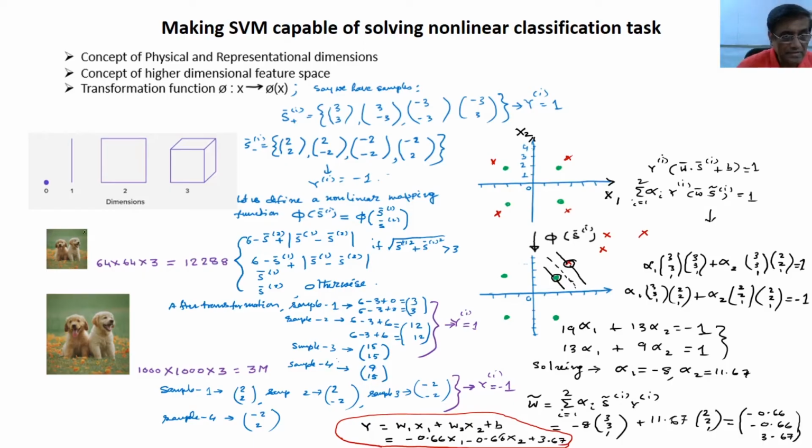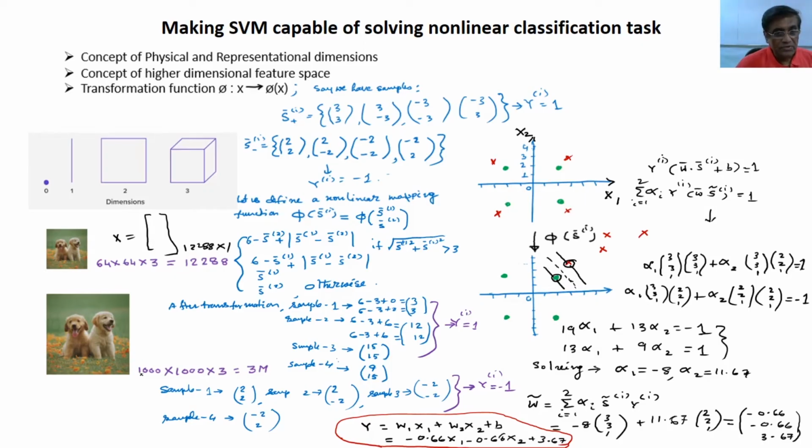The pixel intensity values in a matrix, and each element represents the pixel intensity value of this picture, and it is RGB, it has 3 channels. So what will be the dimension if I like to represent this picture in the form of a vector? It will have a huge dimension, right? 12,288 cross 1 dimension vector.